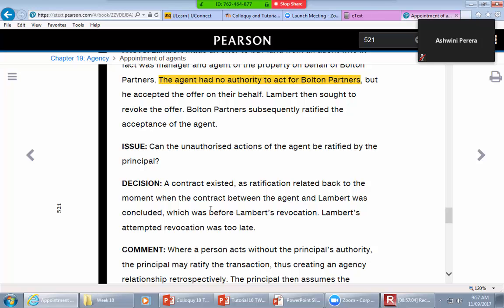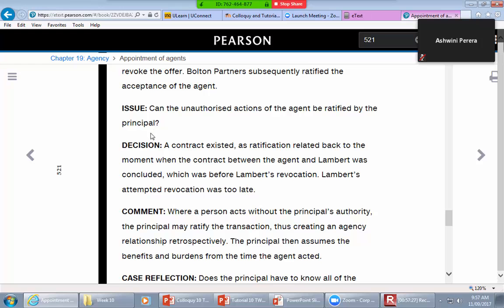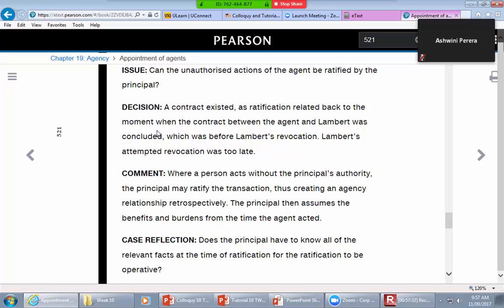The problem with that is what? Where was acceptance, or when did acceptance become valid? Did the acceptance become valid when the agent accepted, who doesn't have authority, or when the principal ratified? Okay? So they say the legal issue: can the unauthorized actions of the agent be ratified by the principal? A contract, they said, existed as ratification related back to the moment when the contract between the agent and Lambert was concluded.